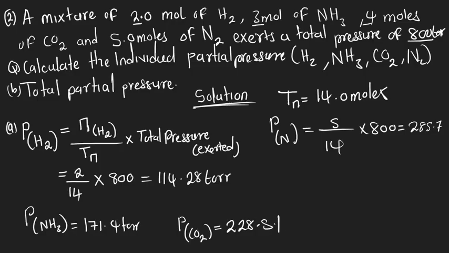So you have calculated the individual pressures. Now you can find the total partial pressure, we can just add up everything: 114.28 plus 171.4 plus 228.5 plus 285.7, and this gives us 799.8 torr.